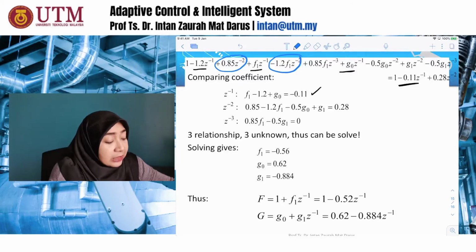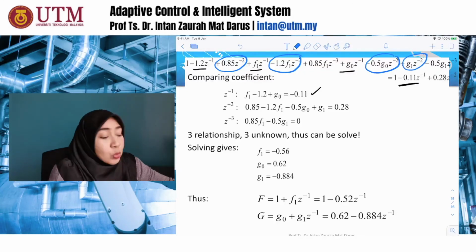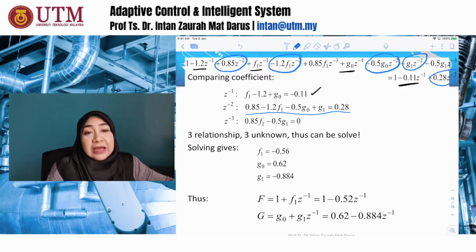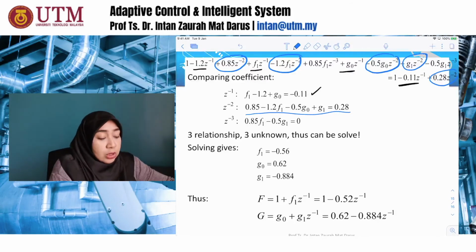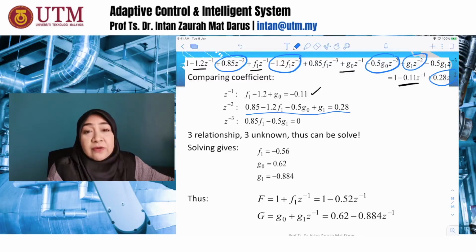Then you have another Z minus 2 term, which is negative 0.5 G naught, and another one which is plus G1 Z minus 2. I'm going to put all that into this equation, and compared to the right hand side, I have only 0.28 Z minus 2. So that is by comparing the coefficients of Z minus 2.